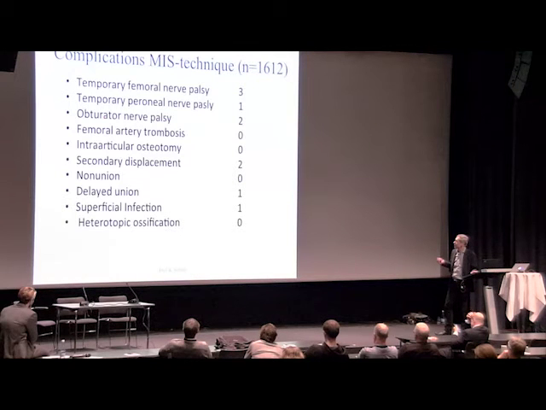We had 1 temporary peroneal palsy, also came back. We had 2 secondary displacements. We had to redo 1 delayed non-union, and 1 superficial infection. So it's less than 0.4% complications.